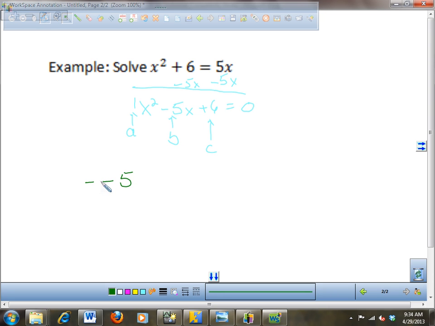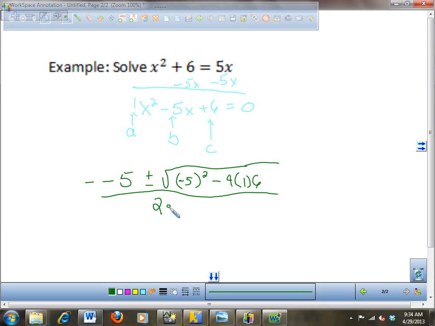It's negative b, so negative 5, plus or minus the square root of b squared, which is negative 5, and you have to put this in parentheses, minus 4 times a, which is 1, times c, which is 6, the whole thing over 2a, which in this case is 2 times 1.